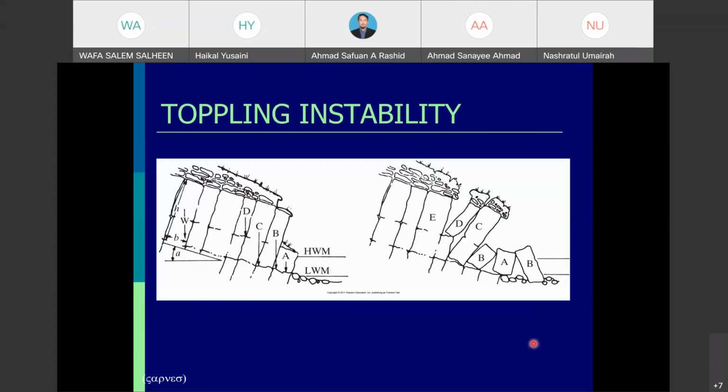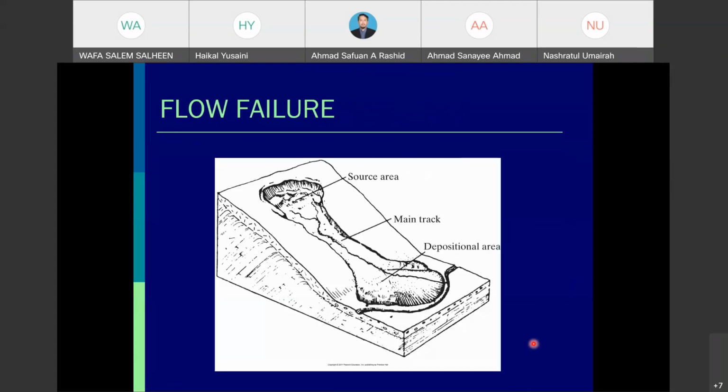This is an example of toppling instability, which is more related to rock slope structure. So this is an example of debris flow failure.